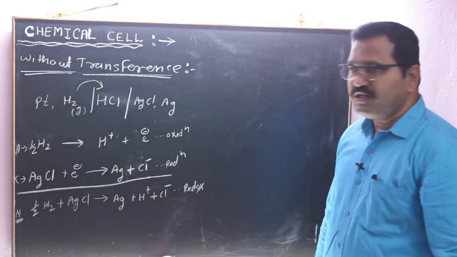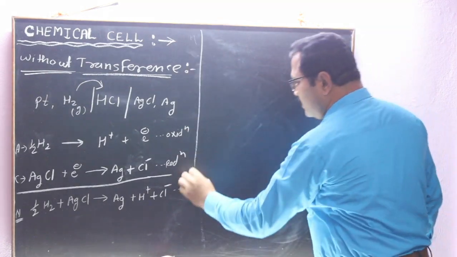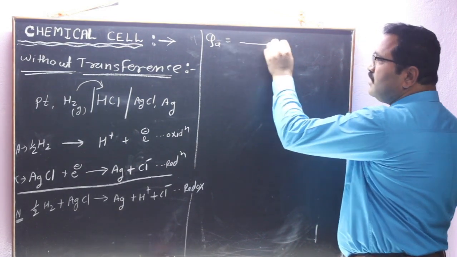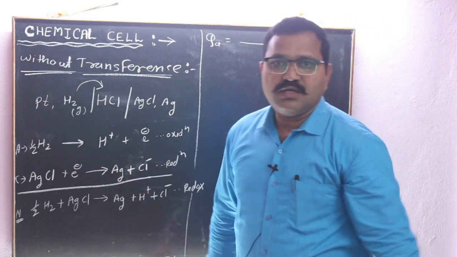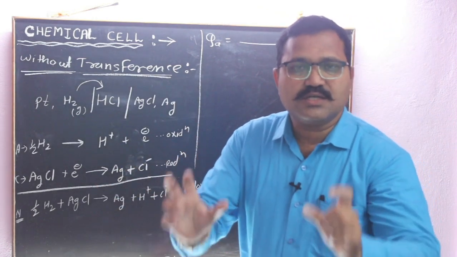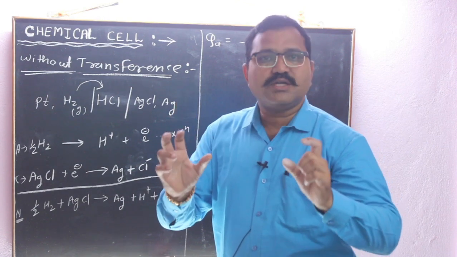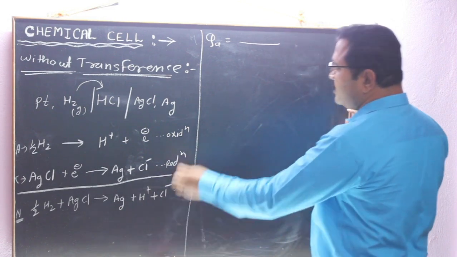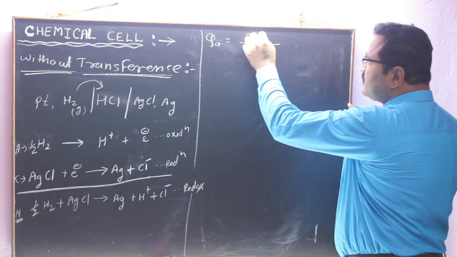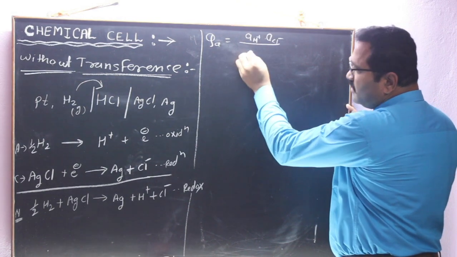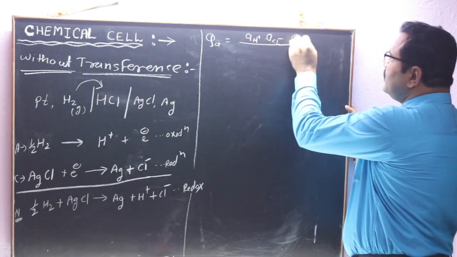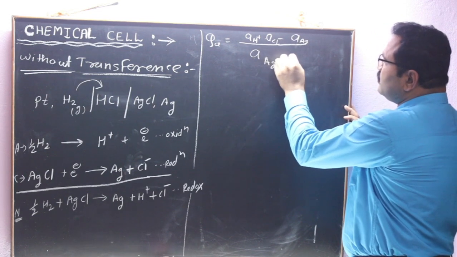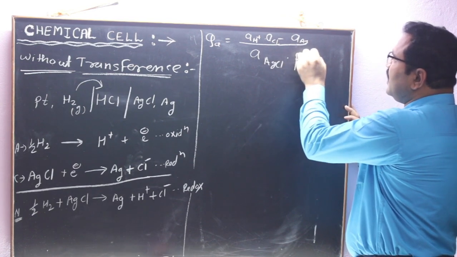Now from that net cell reaction, what is the QA? Reaction quotient: activity of product upon activity of reactant. If the material is in standard state, solid state, we take activity as unity. In the product there is activity of H plus into activity of Cl minus into activity of Ag, divided by activity of AgCl into pressure of H2 raised to half.